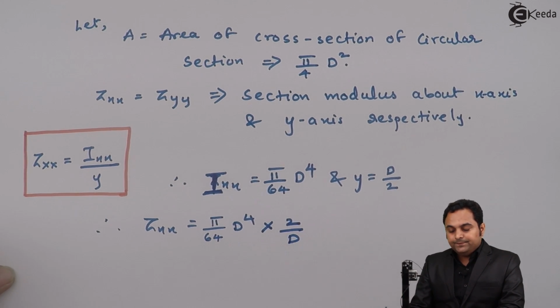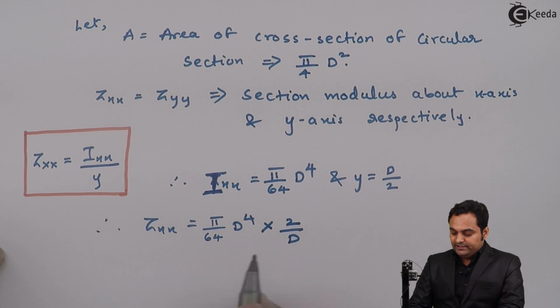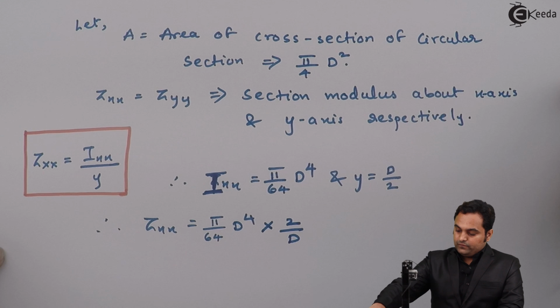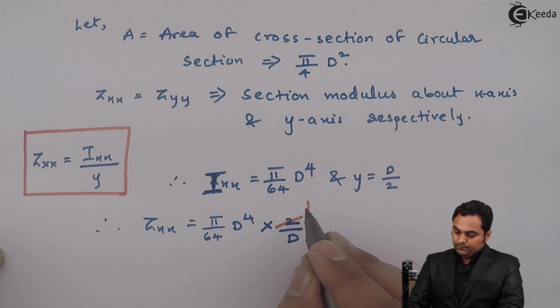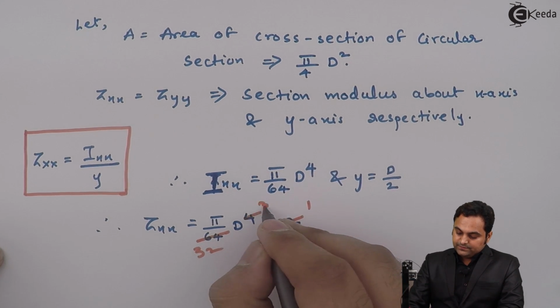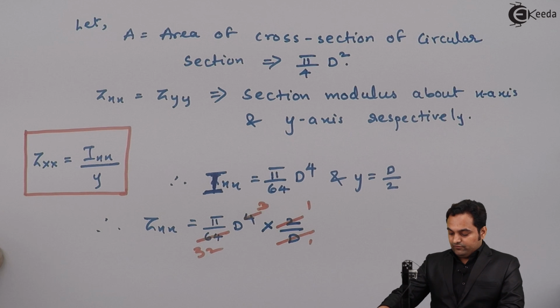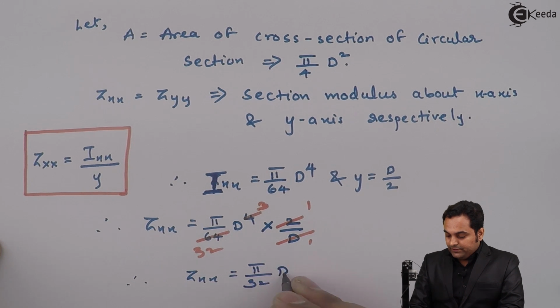So 2 by D, it is divided by D by 2. So if I write multiplication, that is 2 by D. So here we have 2 and this 64 gets cancelled. Here we have D and this becomes D cube. So therefore Zxx is pi by 32 D cube.